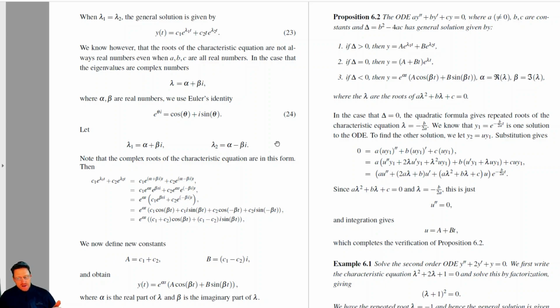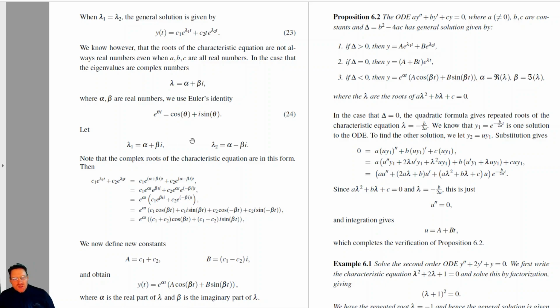Now, complex roots of equations, by the fundamental theorem of algebra, always come in pairs that are complex conjugates. Okay, so if I have alpha plus beta i as one root of a polynomial, then alpha minus beta i is another root of the polynomial. Like I said, they always come in pairs.